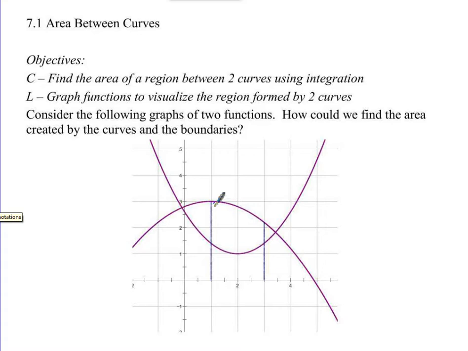If you notice on this graph, we have 2 lines coming down. So that's like my A to B right here. I want to find this area that's enclosed by those 2 boundary lines and then also the 2 functions that are forming the top and the bottom of that. How would I do that?